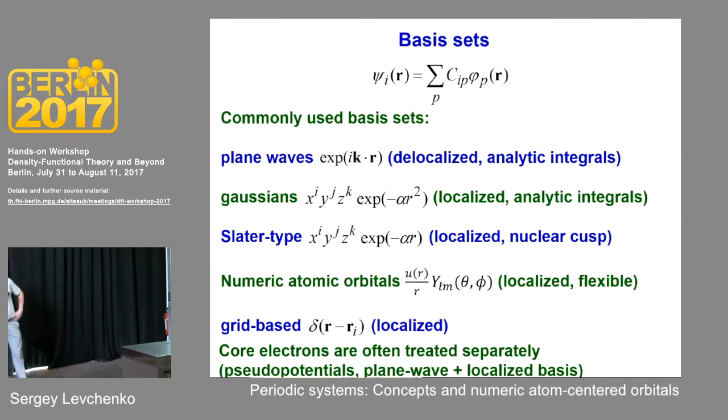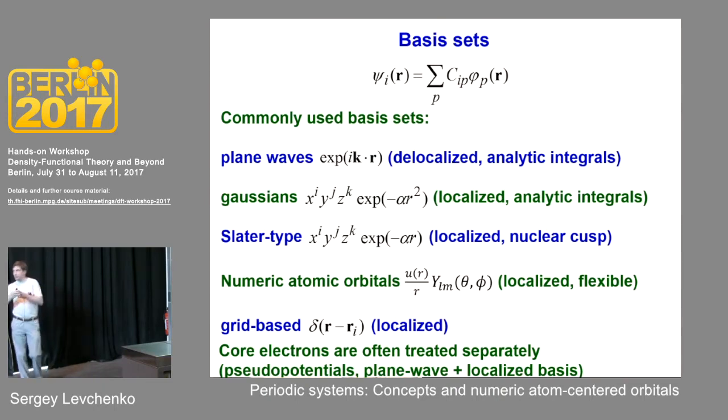They have an advantage, so they are also localized, but they have an advantage compared to Gaussians, that they correctly describe the cusp behavior of the wave function at the core, at the nucleus. And in theory, this would allow a smaller number of such basis functions to describe the electronic structure.